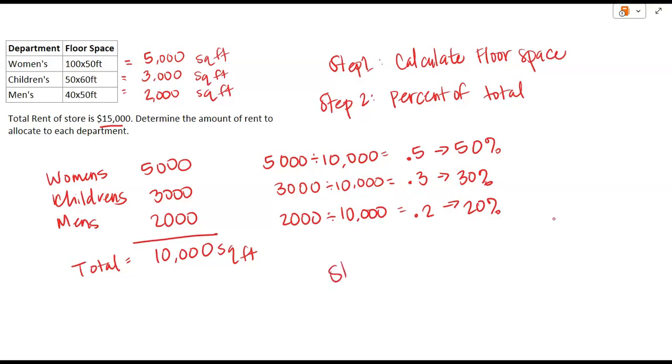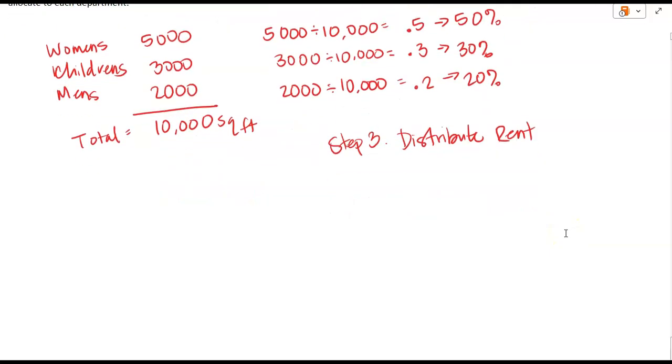So step 3 is to calculate the distribution of rent. The men's department shouldn't pay more in rent if they don't take up as much space as the women's department.